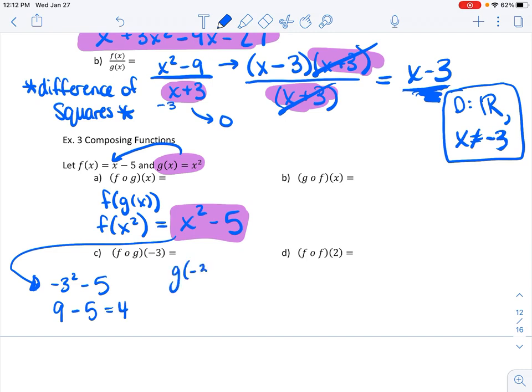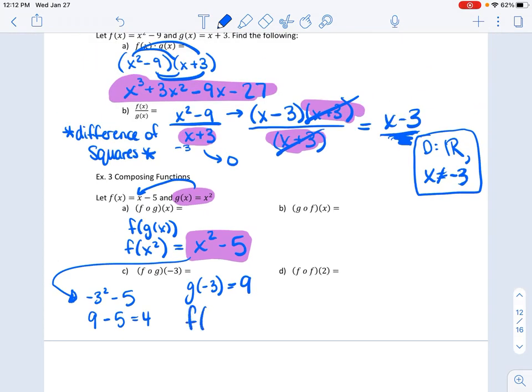So g of -3 will equal 9. And then whatever you find for that equation, you plug 9 into the f equation. So 9 minus 5 is 4. Really, it's the same thing, just two different ways to go about it.